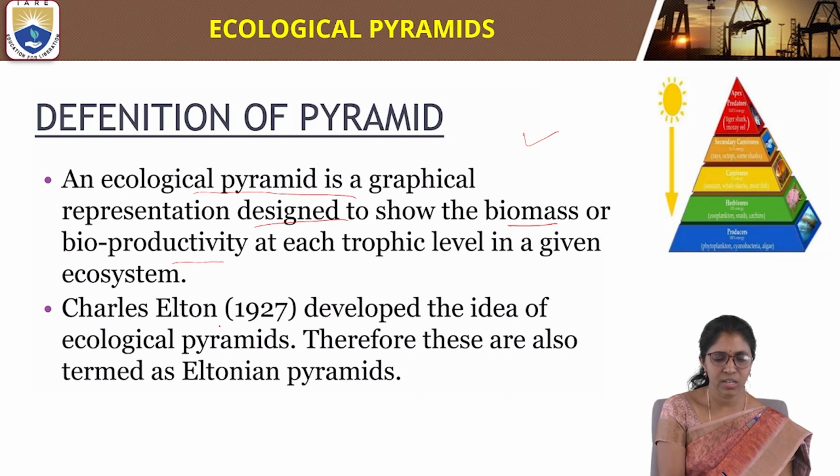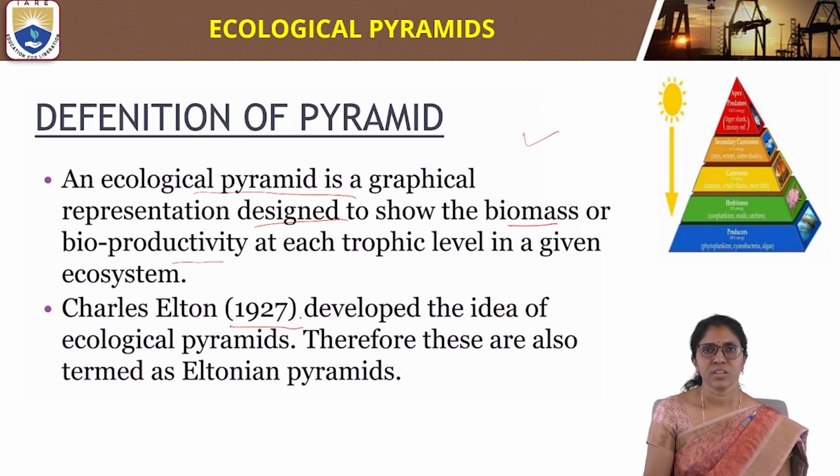Charles Elton developed the idea of ecological pyramids in 1927. Therefore, these are termed Eltonian pyramids. These ecological pyramids are graphical representations designed to show the bioproductivity at each trophic level in a given ecosystem.